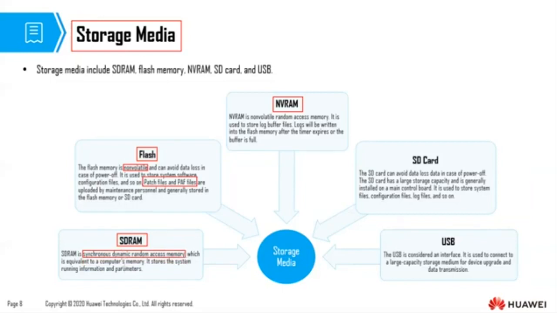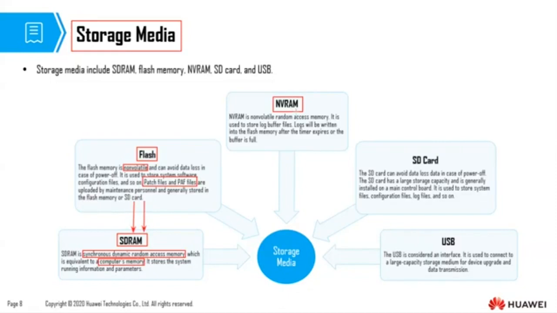This is the primary memory for these devices, just like the computer's RAM. It's used to store the system running information and parameters. For example, when you start up your device, the system software is loaded from the flash drive to the SDRAM. Also, the configuration file is loaded from the flash drive to the SDRAM. So I hope that is clear.